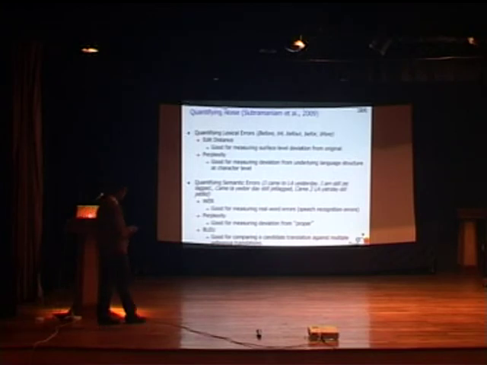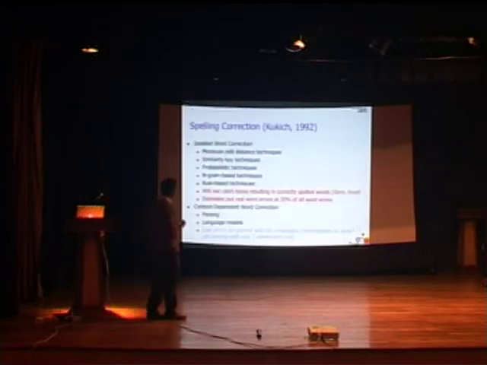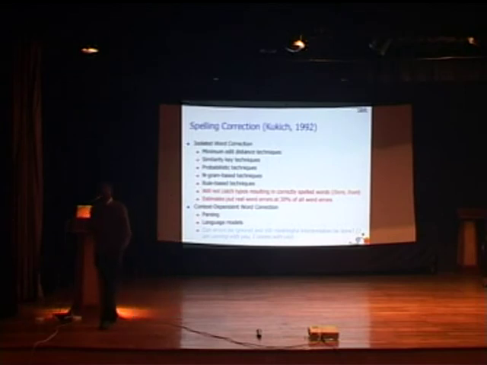The correction literature started in '92 or even earlier. Before that, people have talked about different ways in which you can correct the text. Earlier, they all focused on very small errors. Instead of Kolkata, you write a slight misspelling.